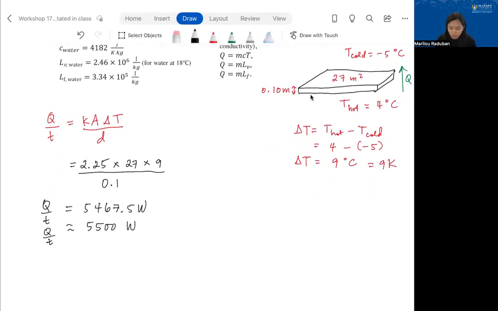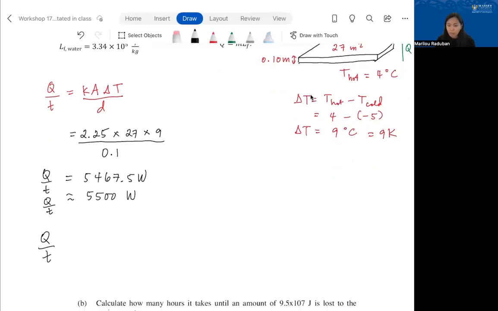So for heat transfer rate, we'll just use the symbol Q over T. I don't think we'll use power anywhere else. When we go to sound, we will also use the power P. You're welcome to use P, power, for the symbol of heat transfer rate, but it's clearer to use Q over T so that you know that it's heat that's being transferred. So I would suggest just using Q divided by T for heat transfer rate.